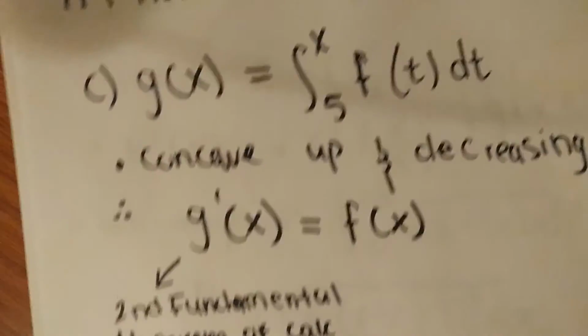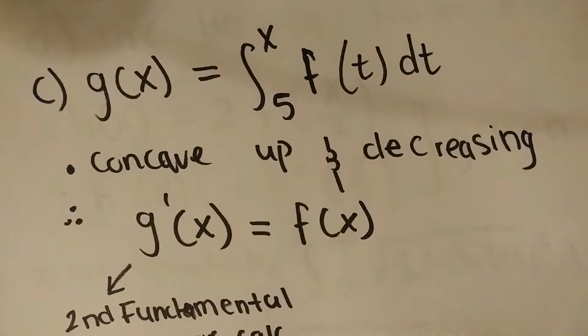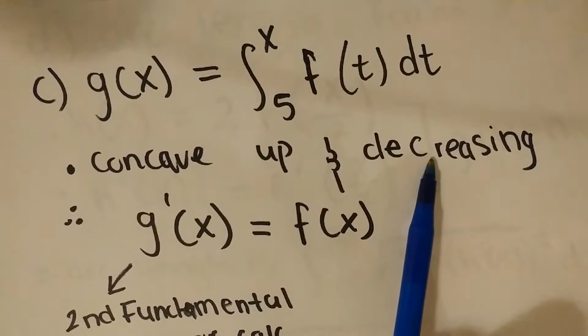Now let's go over to part C. For part C, it gives us g of x equals the integral with bounds being 3 to x of f(t) dt, and it's asking us to find where it's concave up and decreasing.